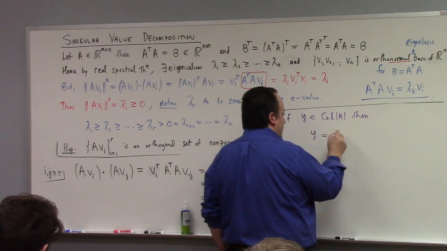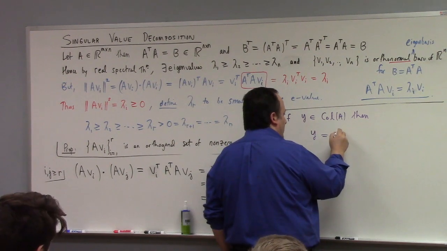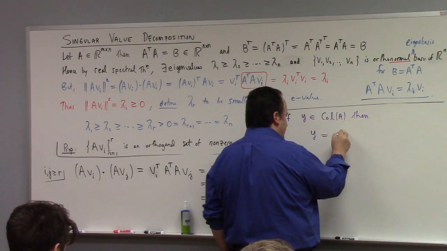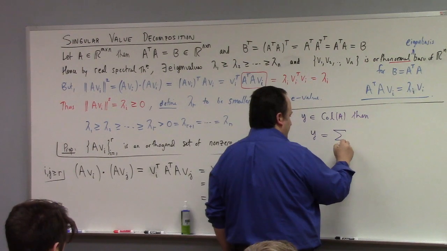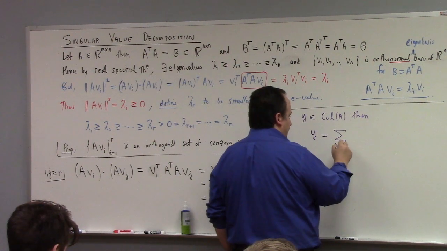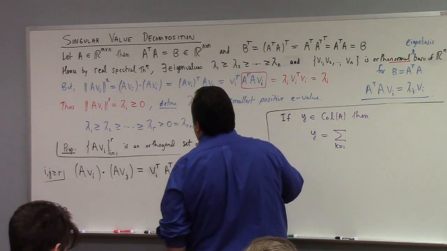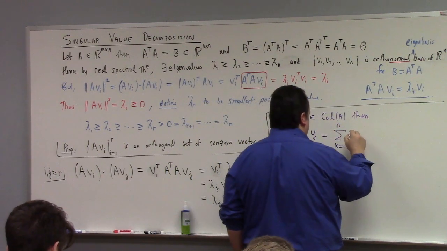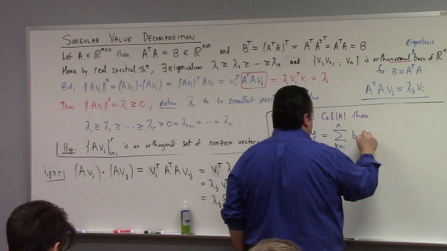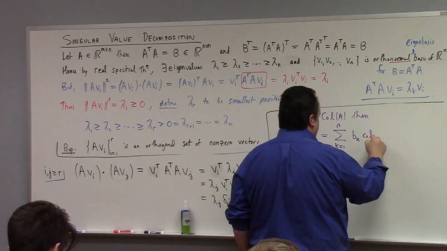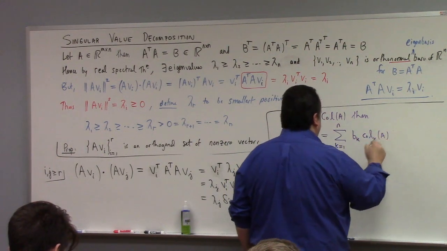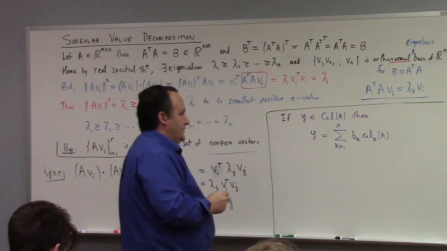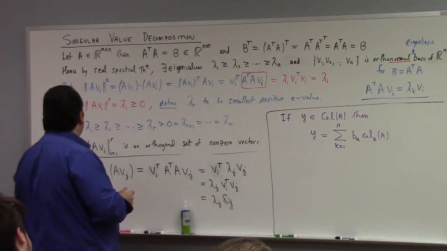So y is, what, like the sum, let's say k equals 1 to n of, let's say, b k times column k of A. I think that's true. So there's n columns in A, right?